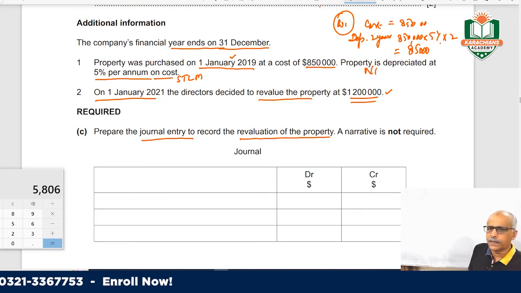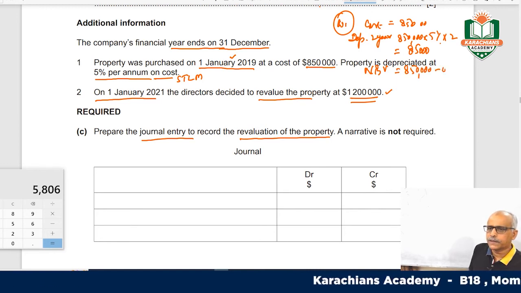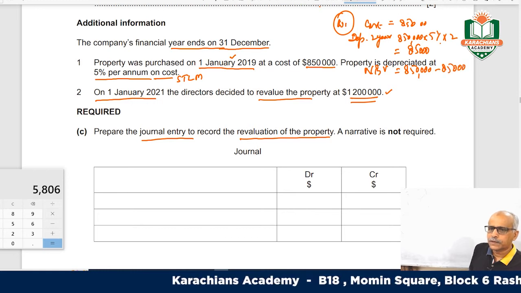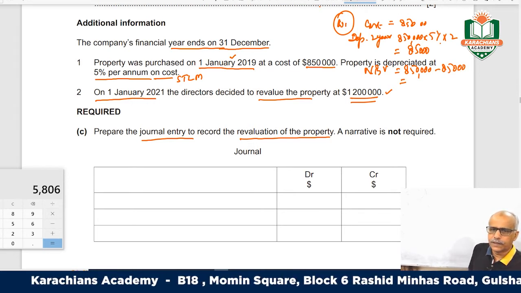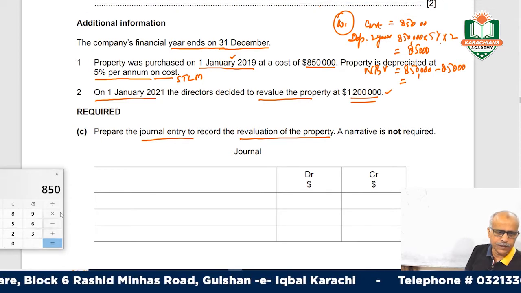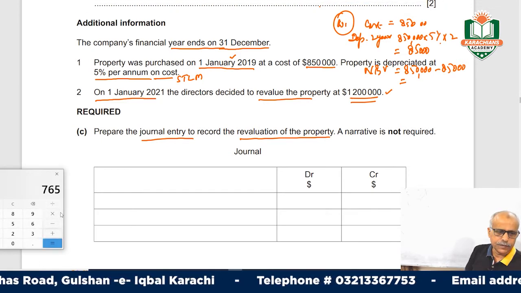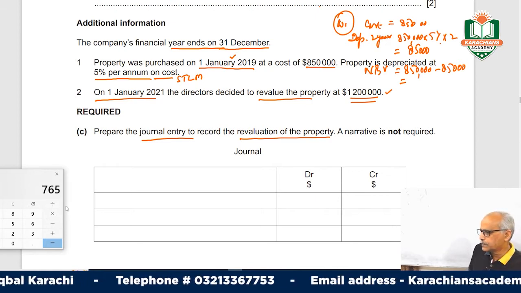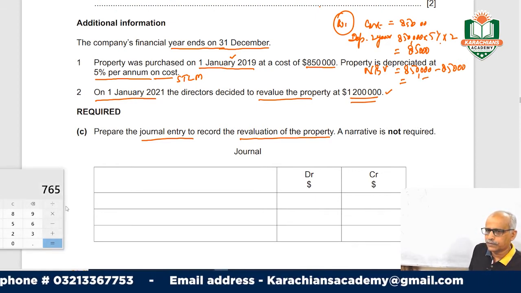So its net book value is 850,000 minus 85,000, which is 765,000.